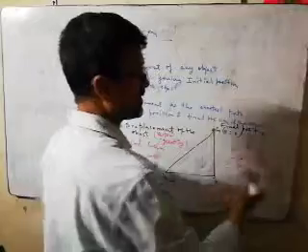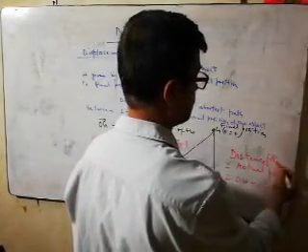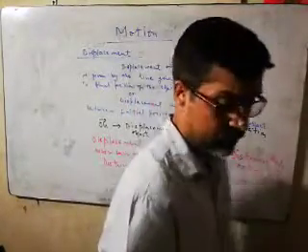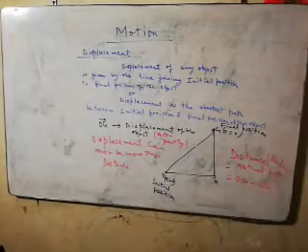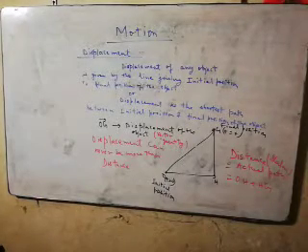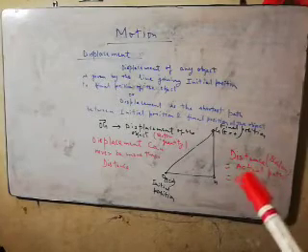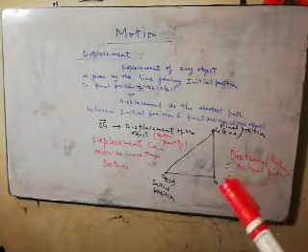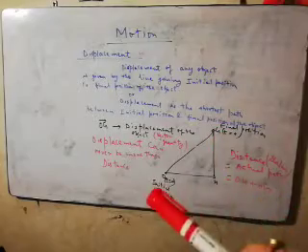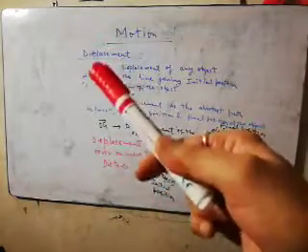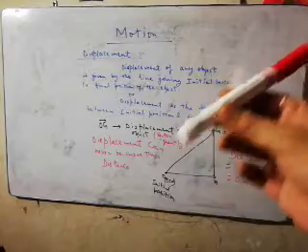But distance is a scalar quantity. Okay, so we should remember this also. Distance is a scalar quantity. It is not a vector, so no direction is assigned. But displacement has a certain direction.